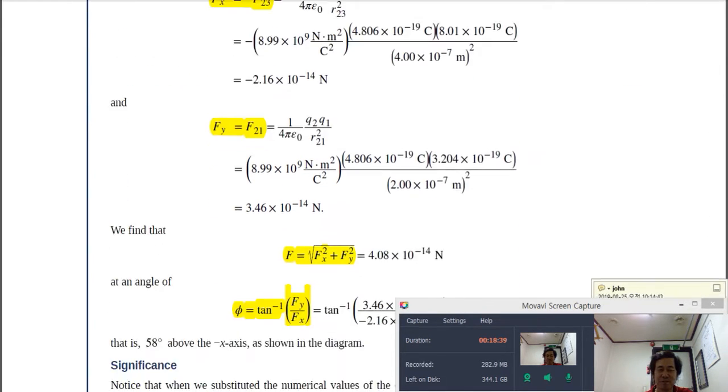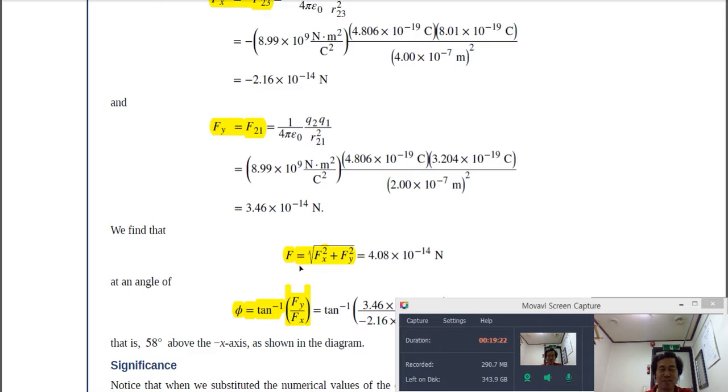For the y component, we have Q1 times Q2 over R21 squared, and Q2 is 4.8 times 10 to the minus 19 Coulomb, and Q1 is 2e, so 3.2 times 10 to the minus 19, and the distance is 2 times 10 to the minus 7. We calculate this expression, then we find 3.46 times 10 to the minus 14.